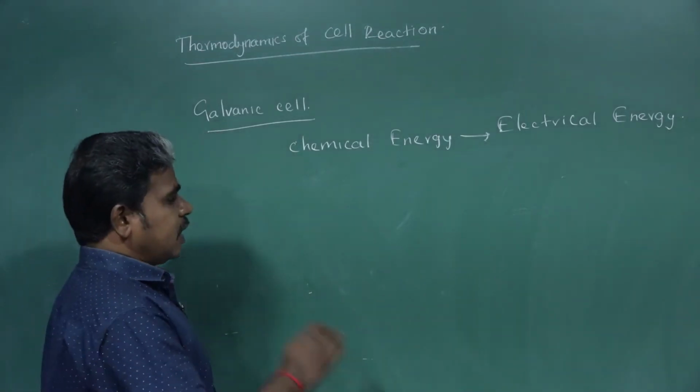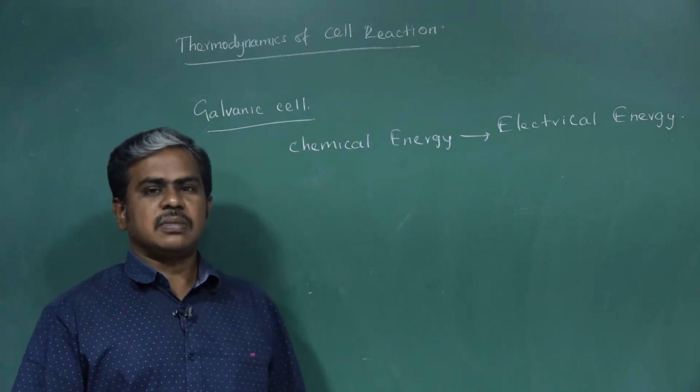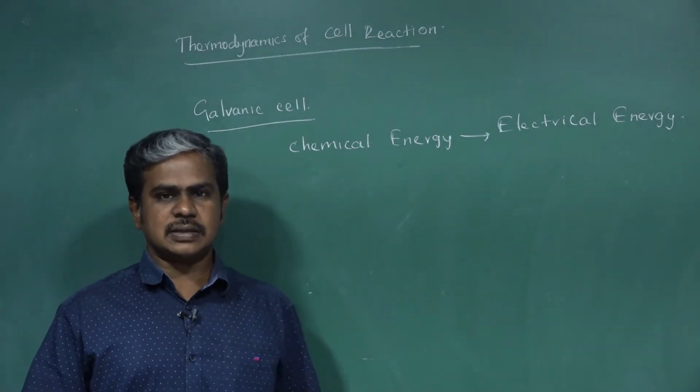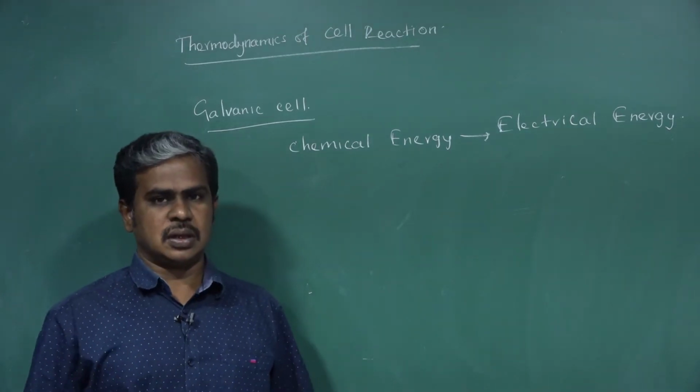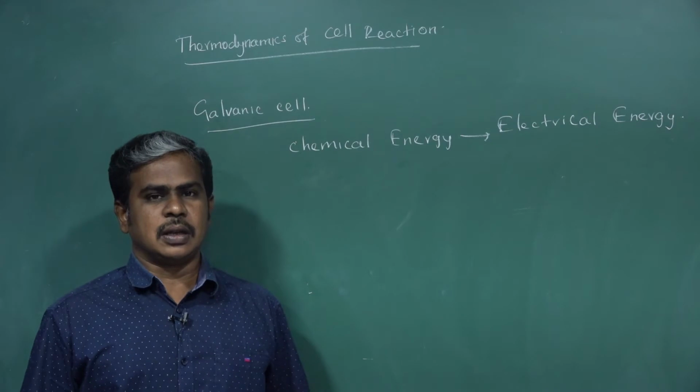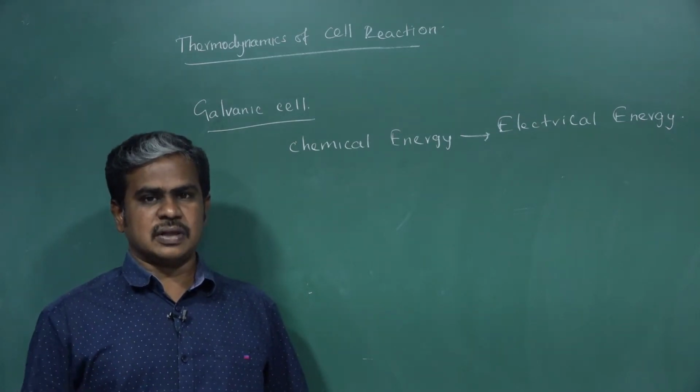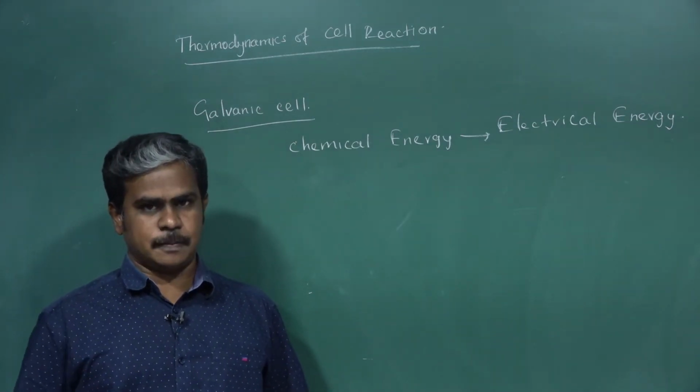Now, the electrical energy produced from the galvanic cell is the total charge passed in the cell multiplied with the EMF of the cell.